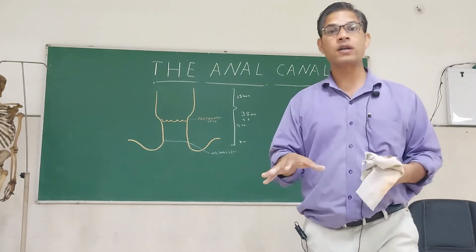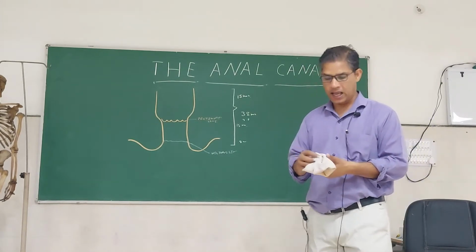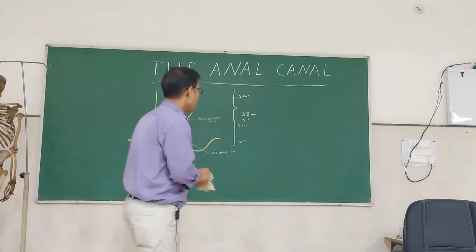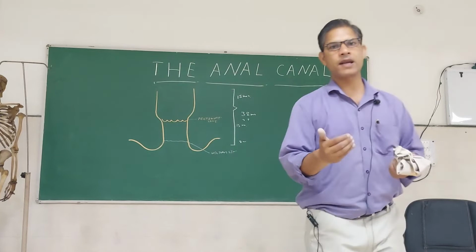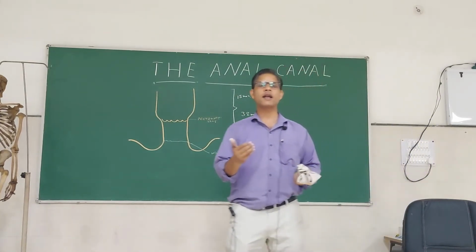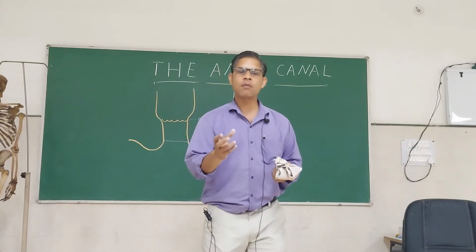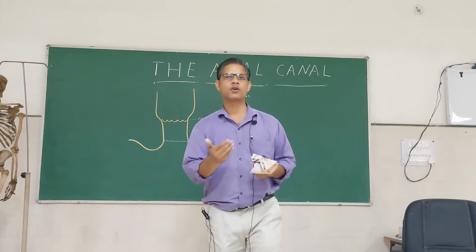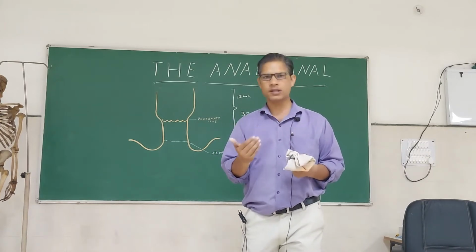Now first of all, the relations of the anal canal. Anteriorly there is the perineal body, along with the bulb of the penis in the male, and if it is a female, the urethral and vaginal part are in anterior relation to this anal canal.